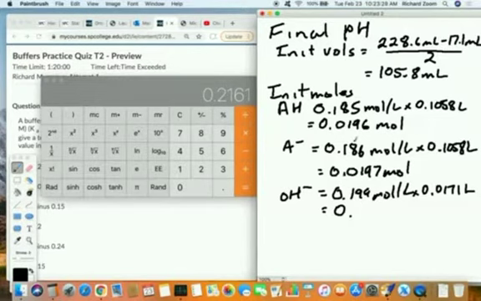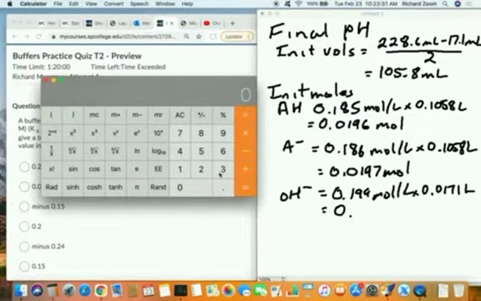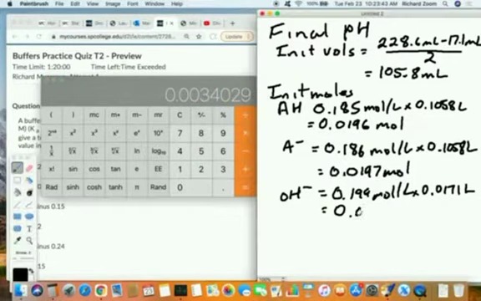Something's up with that. Let's try that again. I don't think that's right. 0.199 times 0.0171. No, that's better. That's 0.00340 moles. That seems right.